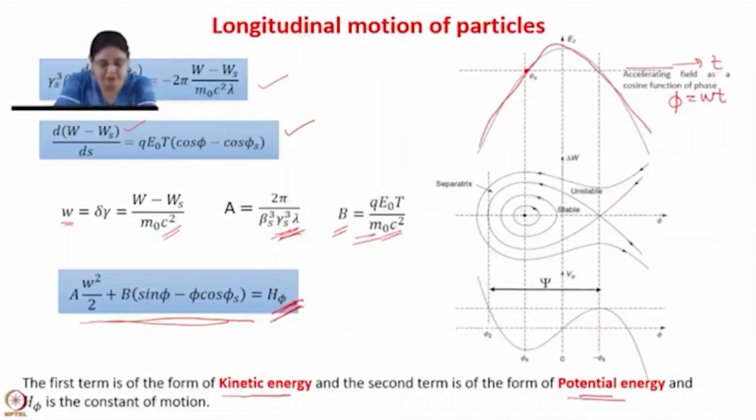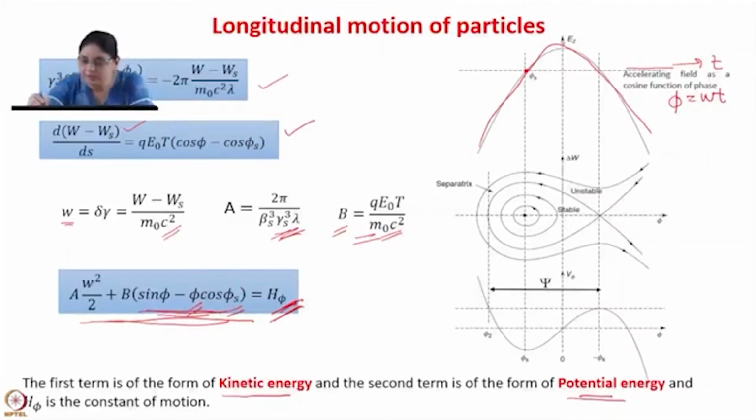This potential energy function can be evaluated. We see that for phi equal to 0 this is equal to 0, and there is a maxima for phi equal to minus phi s and a minima for phi equal to phi s.